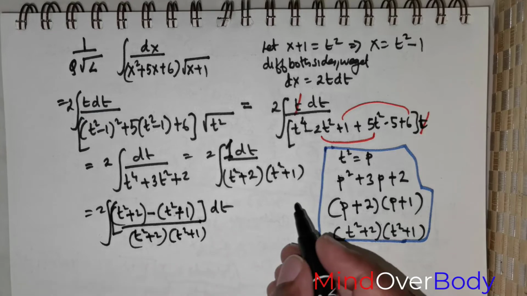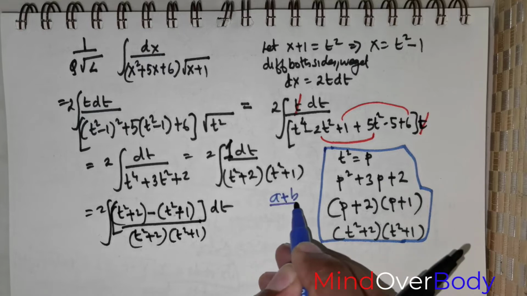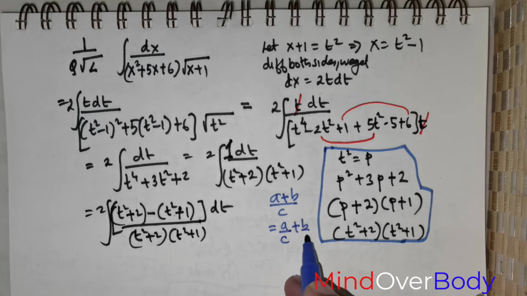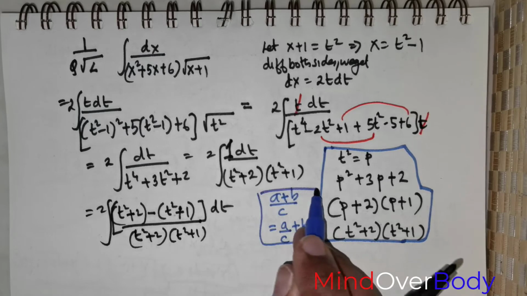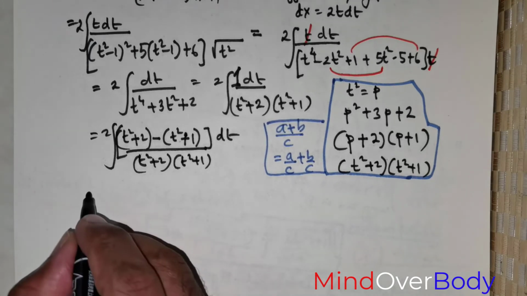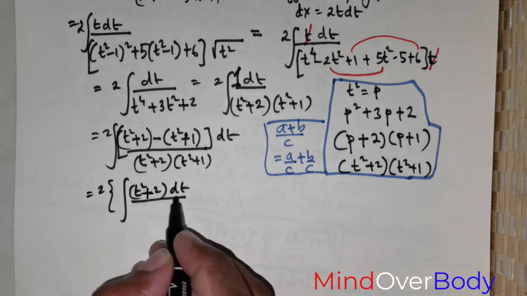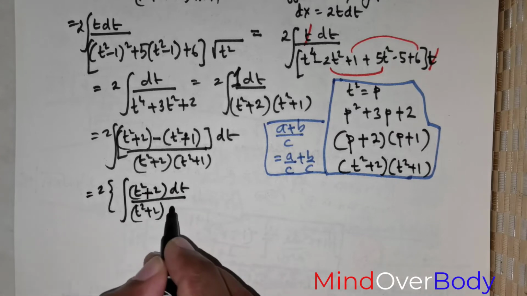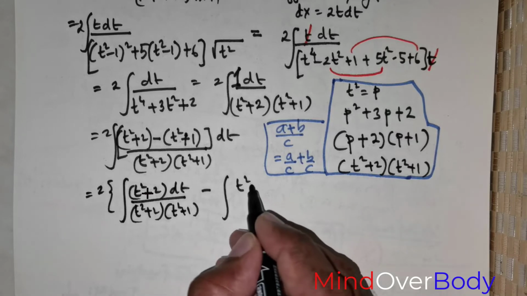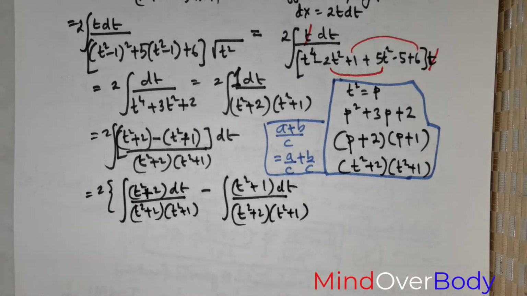So what I'm going to do is use the algebraic property. What is that? If you have something like this, a positive b over c, you can distribute it, or rewrite it as a over c, positive b over c. You can always do it like this. So that's exactly what I'm going to do. So this is equal to 2 of integral times dt divided by t squared positive 2 times t squared positive 1 negative integral t squared positive 1 times dt over t squared positive 2.